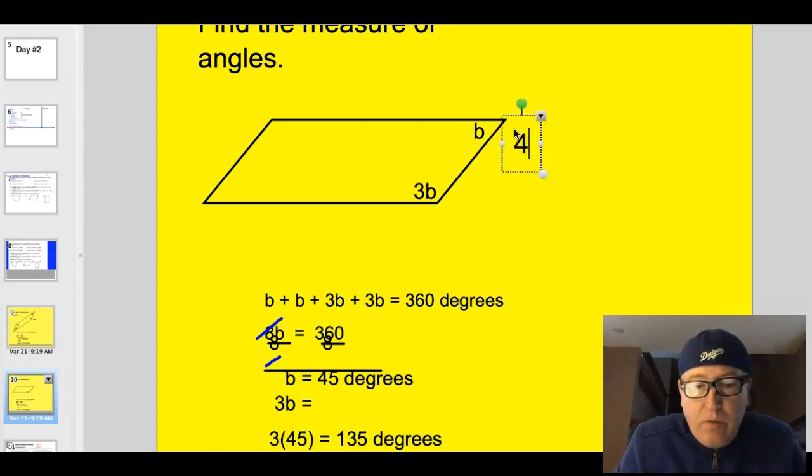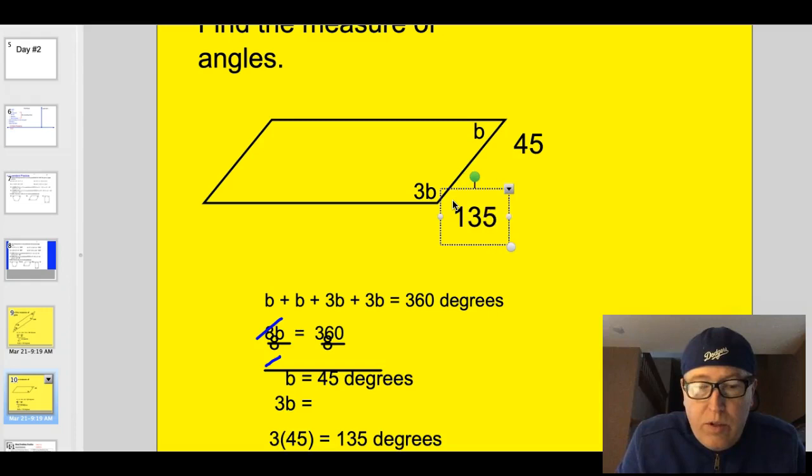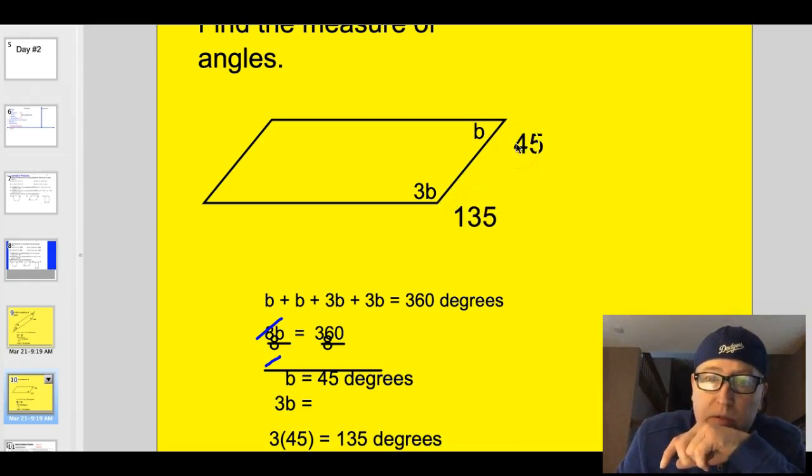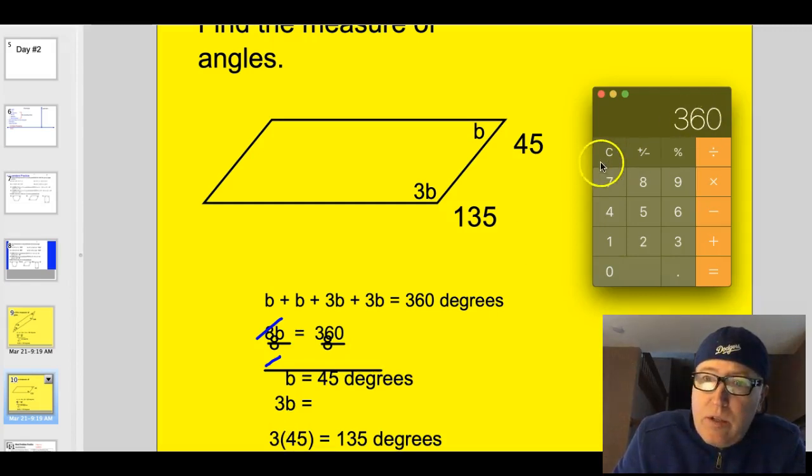So this guy here would be 45, and this guy down here would be 3 times 45, or 135 degrees. And again, you can add these guys together real quick just to double check your answer. Take the 135 degrees, take the 45 degrees. 45 degrees, we'll add it to the 135.